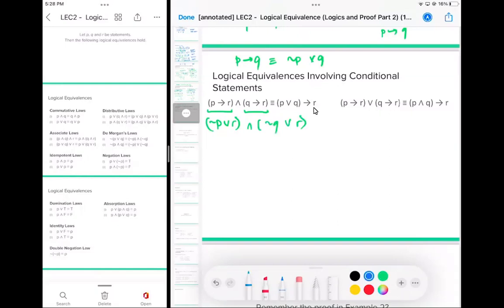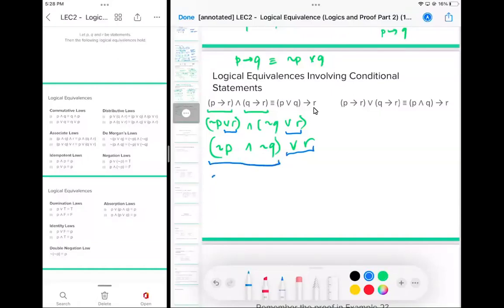So we have here the similar statement or R. So we can factor that out. So we have not P and not Q or R. Okay, so we don't have to exchange their positions. Okay, so we just factored out the R. Now, what we can do is to use De Morgan's on this.